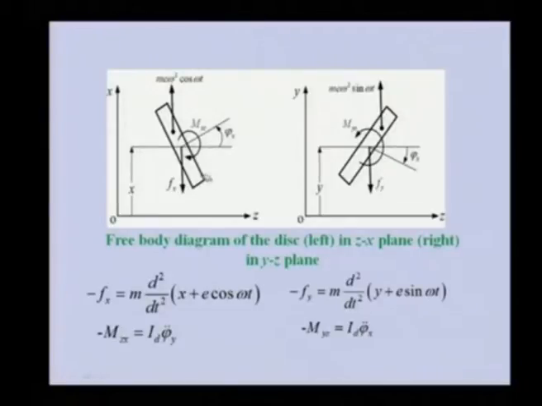So we can write the equation of motion in these two planes like this, which we already did earlier. You can see this is the force balance in the x direction, this is the force balance in the y direction, this is the moment balance in the ZX plane, and this is the moment balance in the YZ plane. So we have four equations.